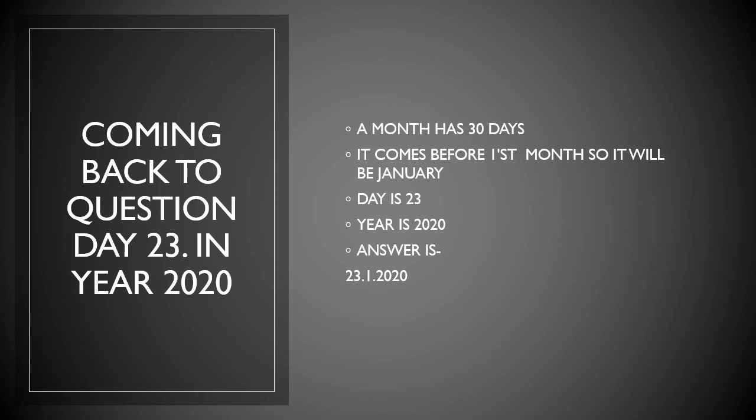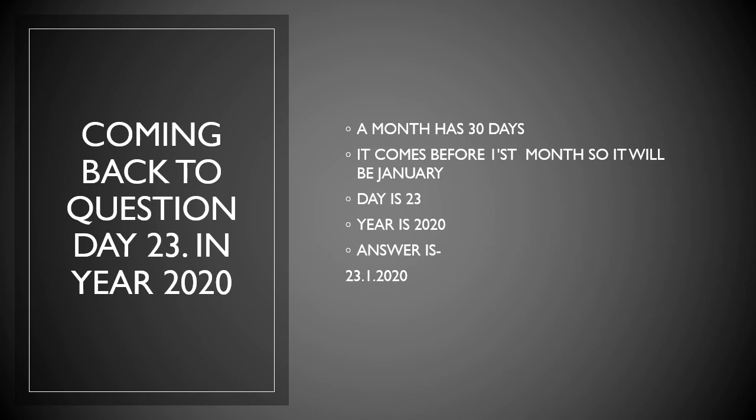Coming back to the question, day 23 in the year 2020. To calculate the date, we will use a simple method like this. A month has 31 or 30 days, right? But here we have 23, which means it's within the first month of the year.